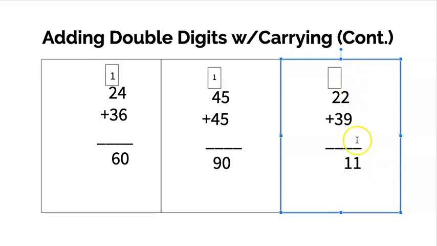So you're going to leave that 1 in the ones column down here, and then you're going to carry the other 1 that was in the tens column in 11 up to the tens column. We have to keep our columns separate. All right, so 2 plus 1 is 3, plus 3 more is 6. So your final answer would be 61.